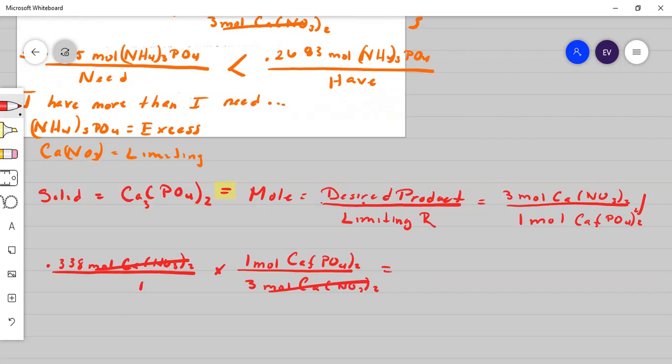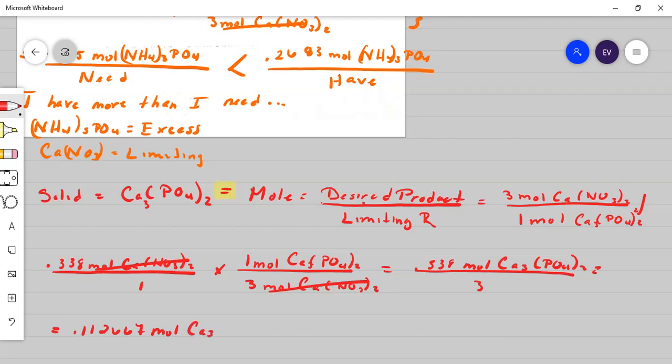And then I'm going to divide that by 3: 0.338 moles of calcium phosphate divided by 3. That's going to get me to 0.11267 moles of calcium phosphate.